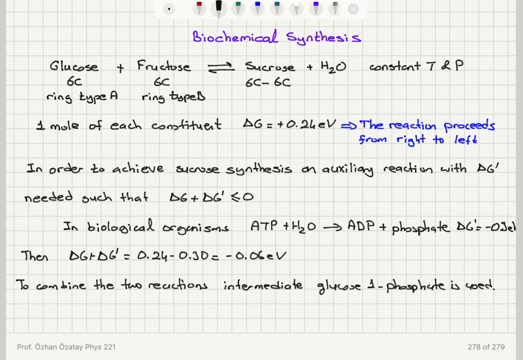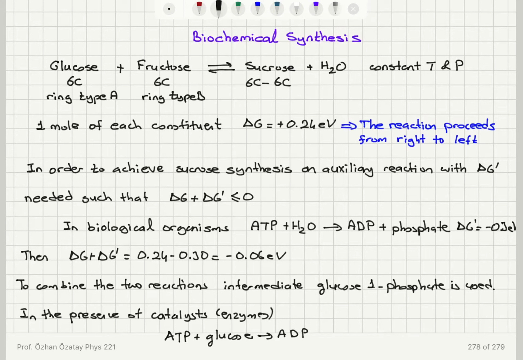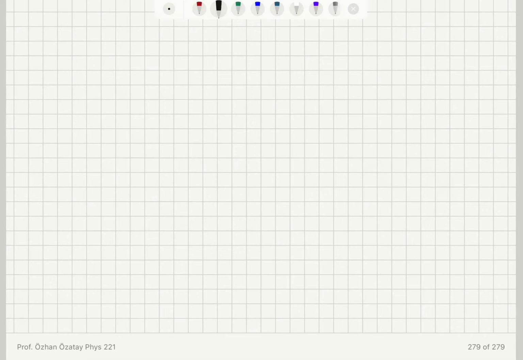Well, we have the presence of catalysts, reaction catalysts or enzymes. Adenosine triphosphate will react with glucose to produce adenosine diphosphate plus glucose 1-phosphate.